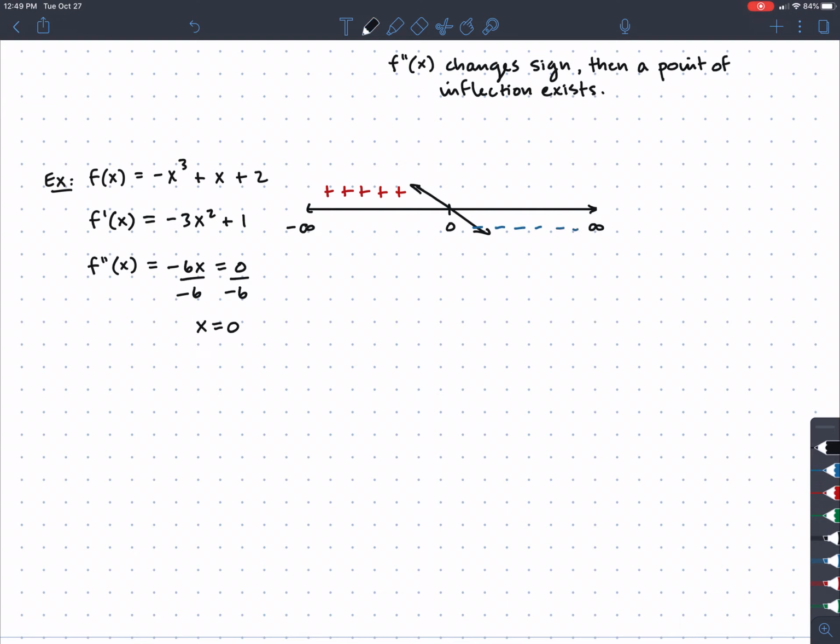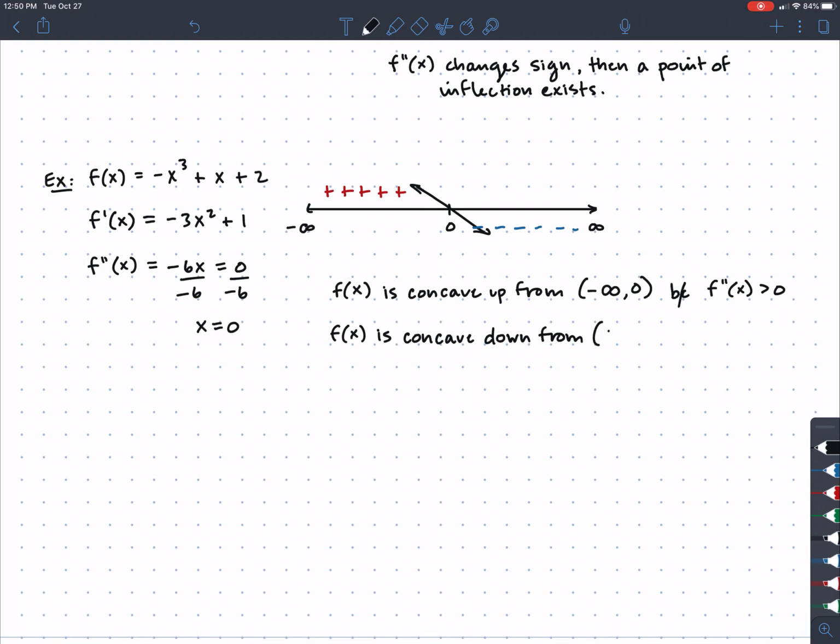So the second derivative tells us that f of x is concave up from negative infinity to 0, and that is because the second derivative is greater than 0, and f of x is concave down from 0 to positive infinity, and that is because f double prime is negative.